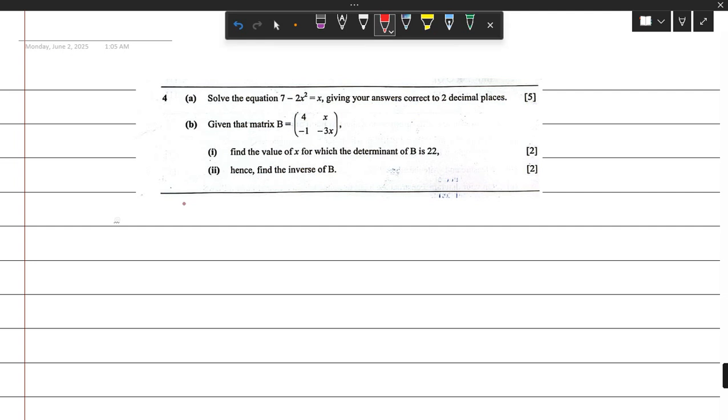So for part A we have 7 minus 2x squared equal to x. This is a quadratic equation. So first of all, we rearrange the terms. We can take these terms to this side, or take these terms to the right. We can take either side, so it's up to you.